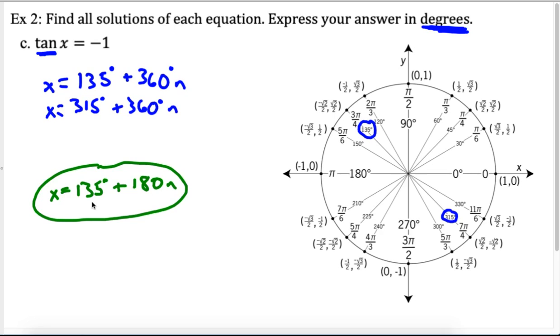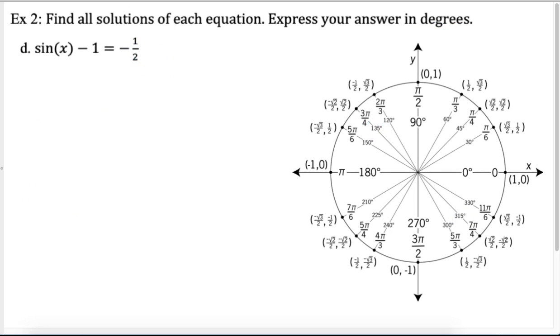All right. So this other one, for expressing our answer in degrees, we actually have one step that we need to do before we can look at the unit circle. Okay, whenever my trig function is not by itself, I need to take care of that first. And that's what's going to happen in the next few examples, right? So here, I would need to add 1 to both sides first. I need to get the trig function by itself.